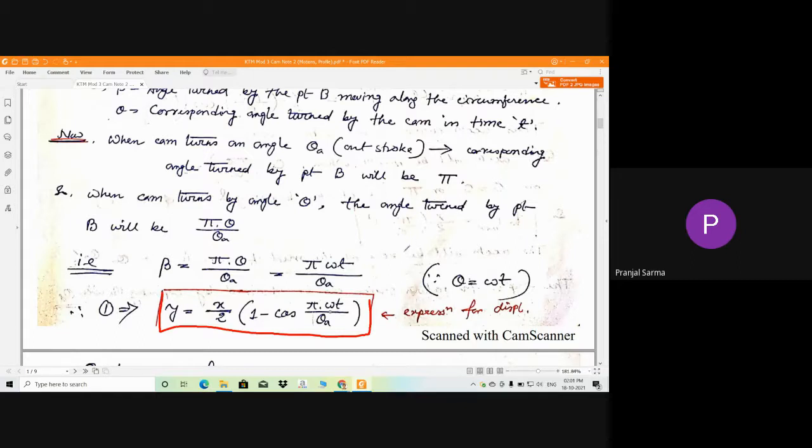Ascent is when the follower is going up; in the descent stroke the follower is going down. And what happens in the dwell? There is no displacement of the follower, even though there is some motion of the cam.